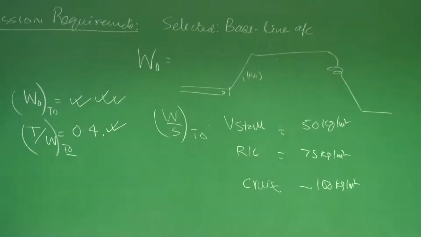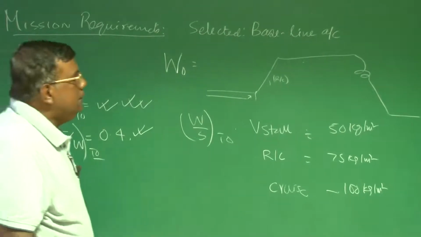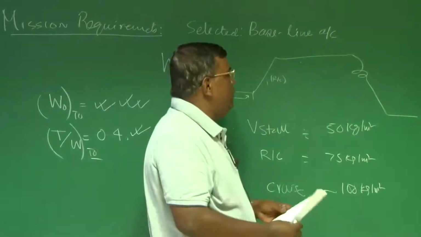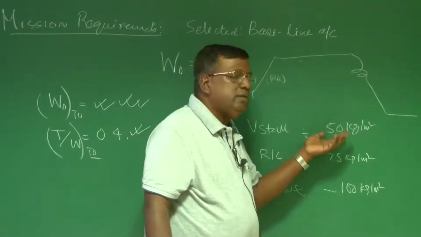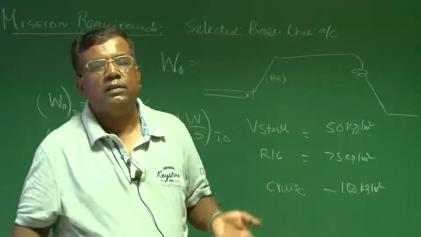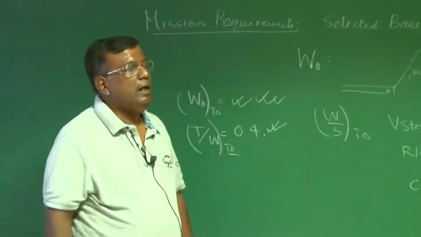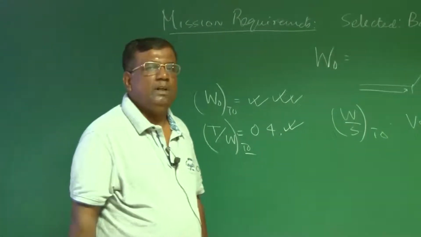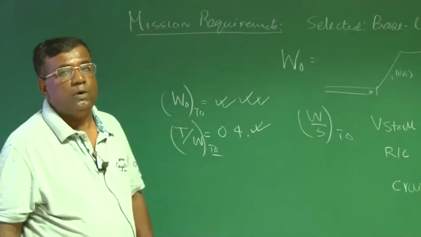Now the question was, which one should I pick? Ideally speaking, everybody will recommend you take the lowest W by S. Lowest means your wing area is relatively large and it will support lifting characteristics. But then you also understand that if wing area is large, there will be a drag penalty, right? Turning will be another issue we have to look for.